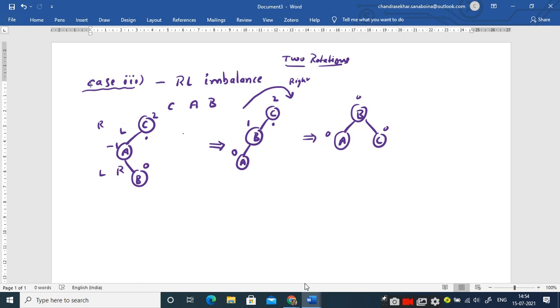What is the solution you have? It is RL. Is it clear up to this point?